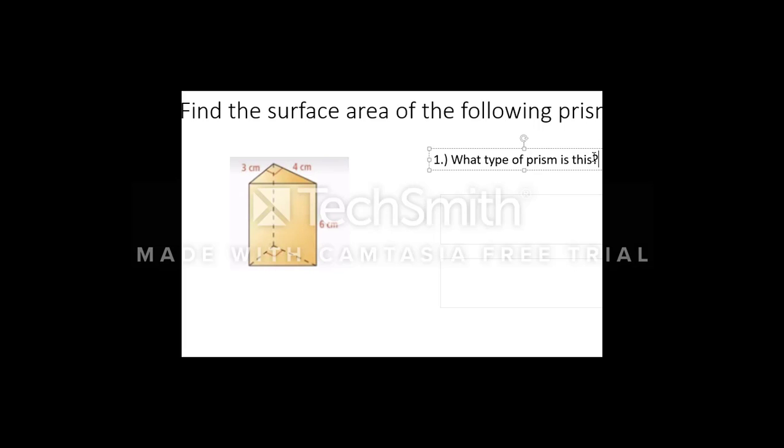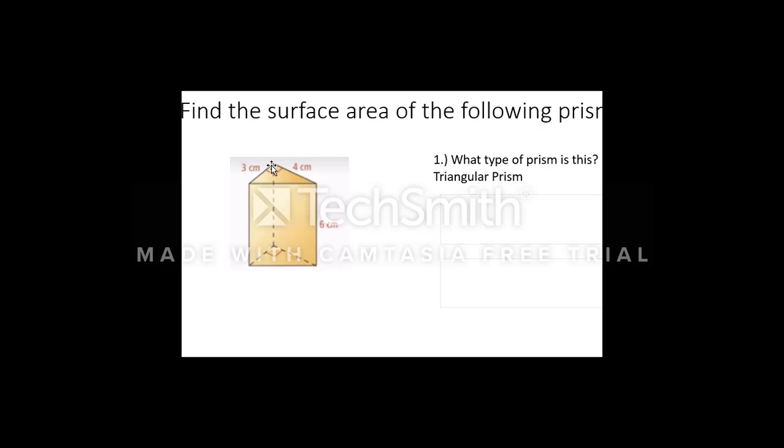From the last unit, you should be able to tell me the area for a triangle. So we're going to use that later on. But when we calculate the surface area of a prism, we first have to calculate the area of the base.